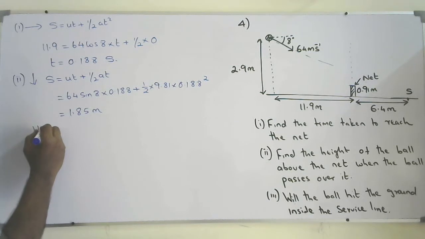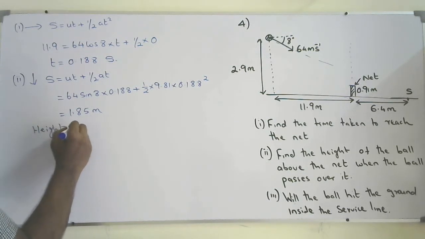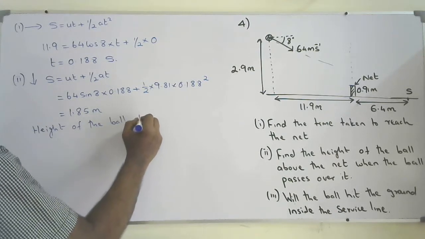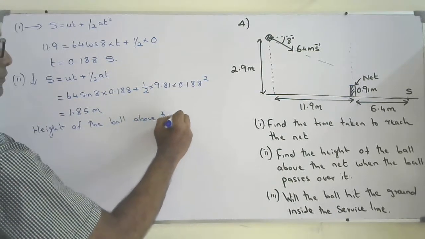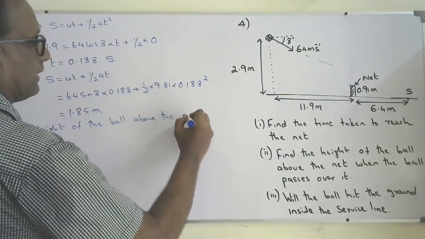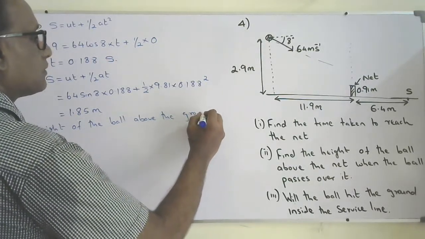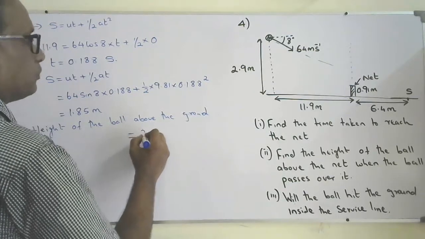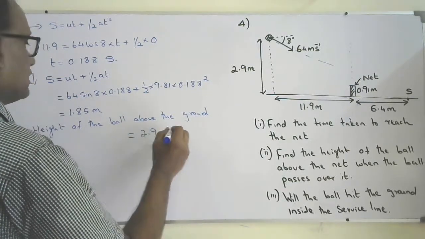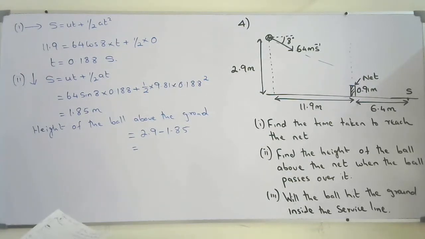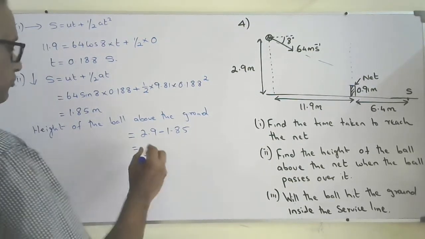Height of the ball above the net we can find directly, but above the ground we'll find it first. That will be 2.9 minus 1.85, so that will be 1.05.